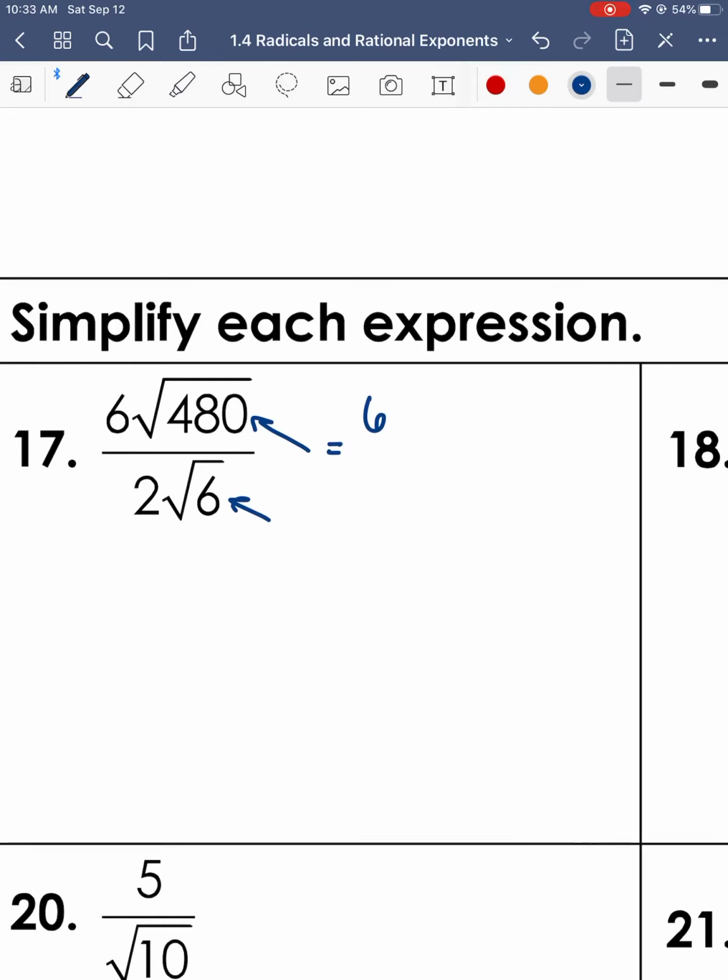Okay, so we can actually combine these two by putting the whole fraction under the radical and then simplifying. So square root of 80. And this is actually going to still be over 2. And you're going to be able to divide the top and bottom by 2. And those coefficients will simplify to 3 root 80.